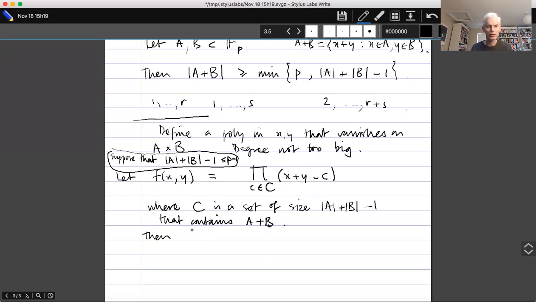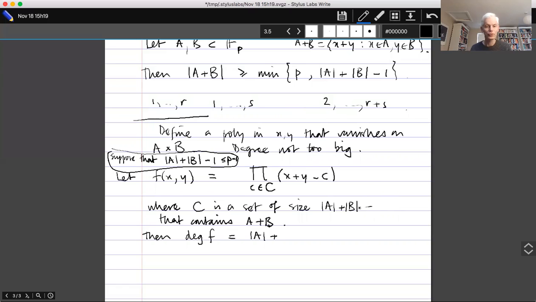So then what can we say about this polynomial? We get that the degree of f equals, I didn't mean |A|+|B|-1. So I'm now supposing that the result is false.